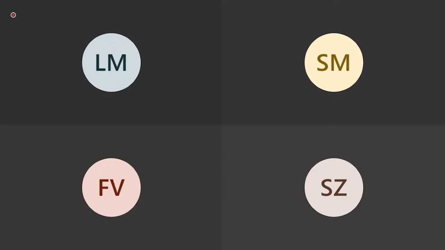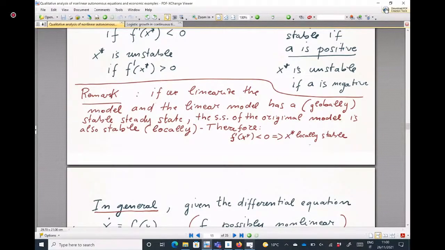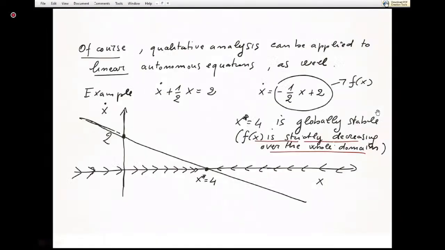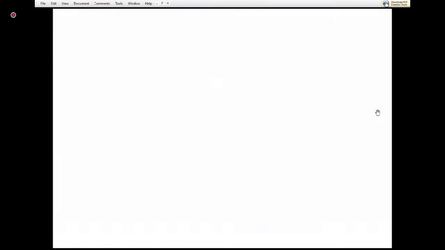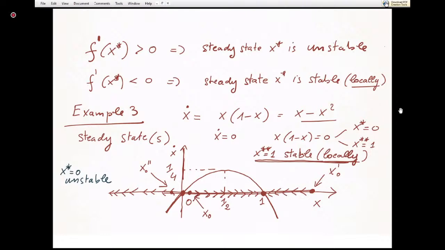Okay, let's start again. Here is another example which is based on a very simple type of logistic model. So example 3, x dot is equal to x times 1 minus x.